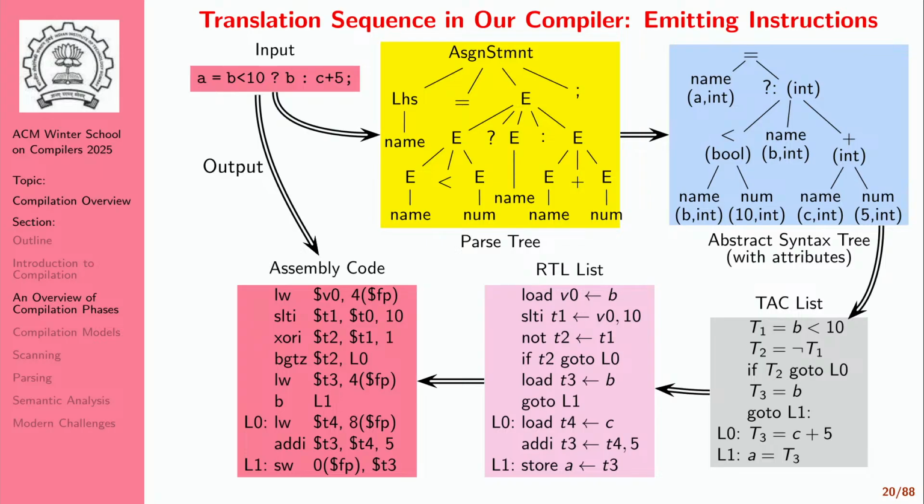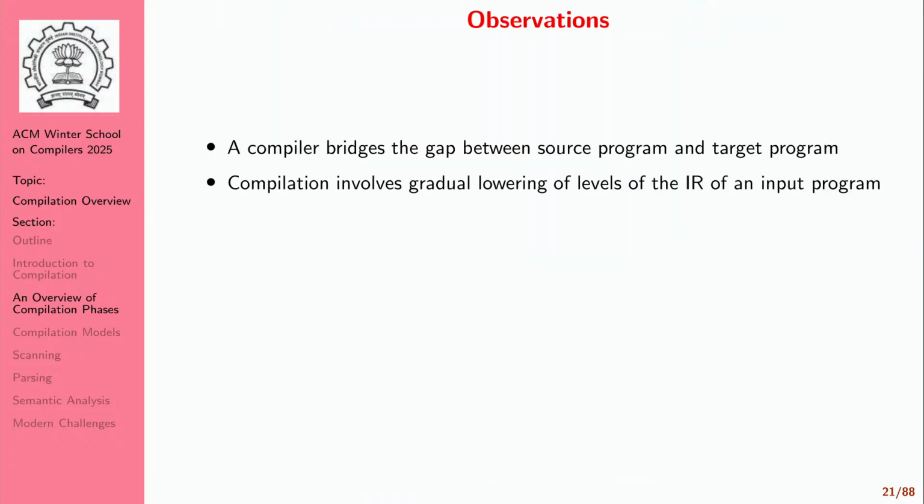When we go from three address code to RTL, we have added the actual machine instructions, right? And when we go from RTL to assembly, we added the stack offsets and the actual registers. So compilation is essentially a task of gradual lowering of the levels of IR of an input program.